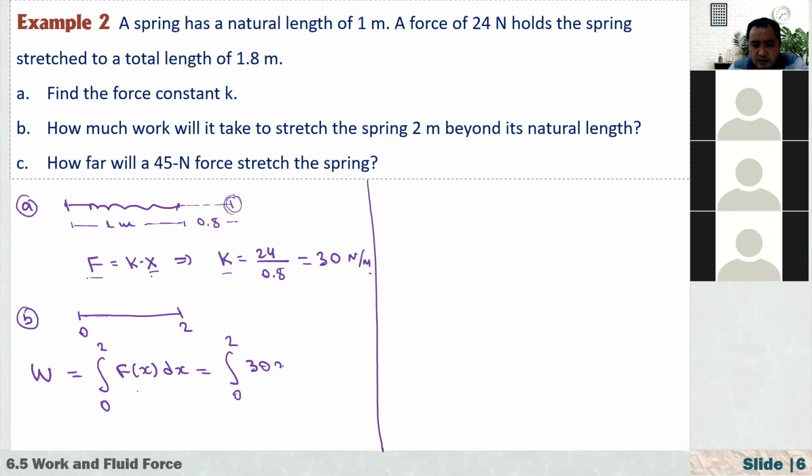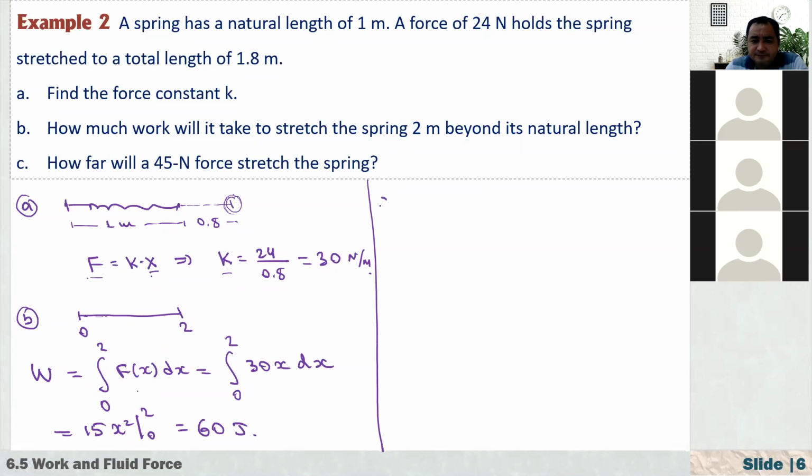So here we have 30x dx, which is equal to 15x squared from 0 to 2, which is equal to 60 joules. So actually 60 joules of work is done to stretch this 2 meters beyond its natural length.